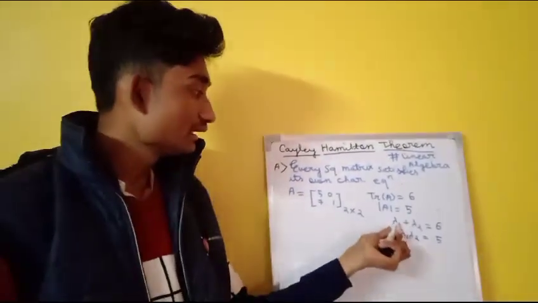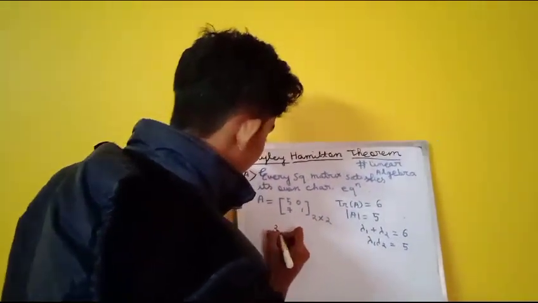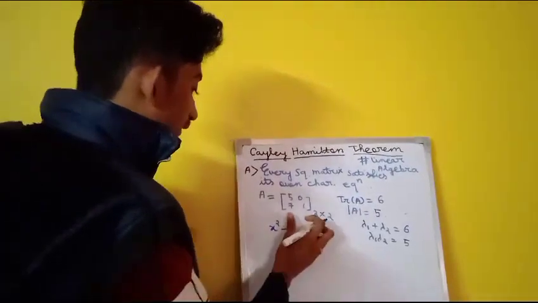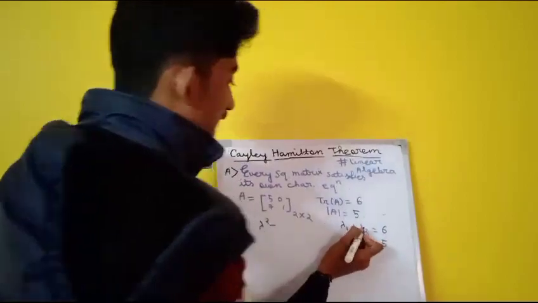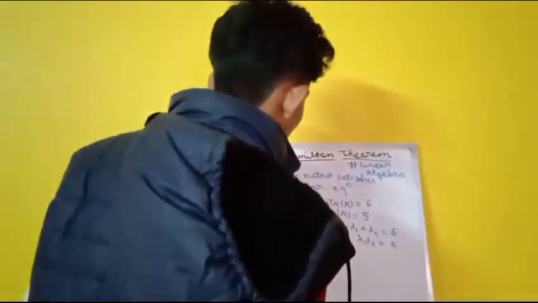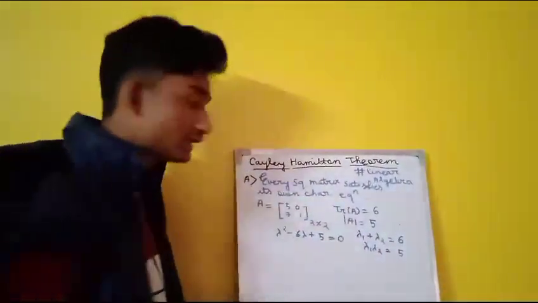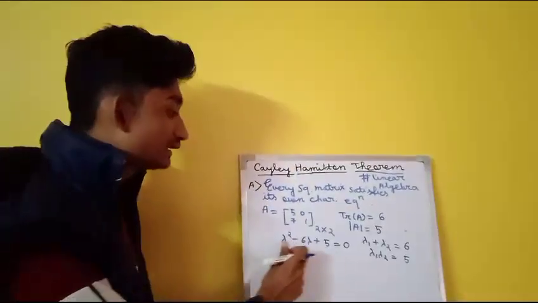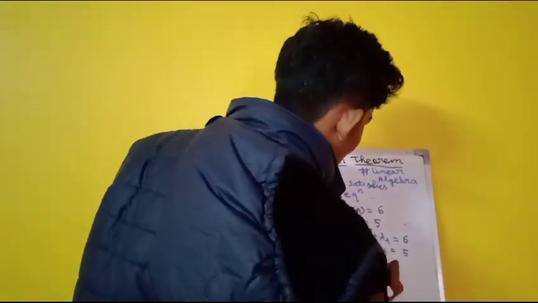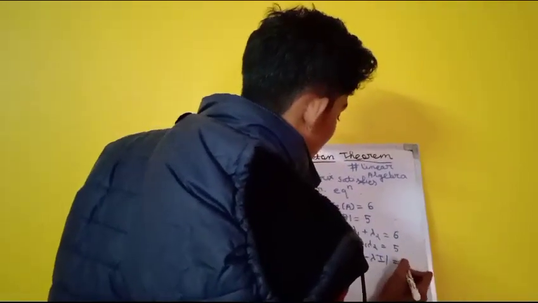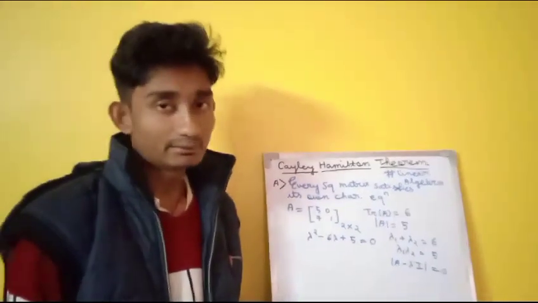So in place of x write lambda: lambda square minus 6 into lambda plus 5 equals 0. It is the characteristic equation of this matrix, and characteristic equation means determinant of A minus lambda I equals 0, where I is the identity matrix of the same order.